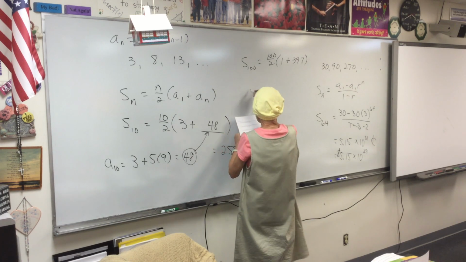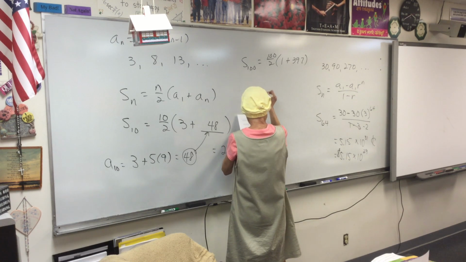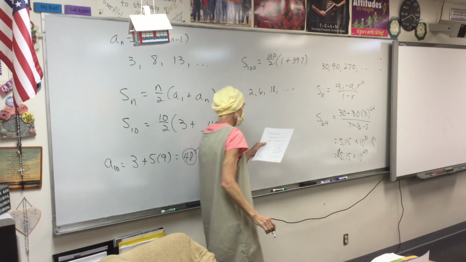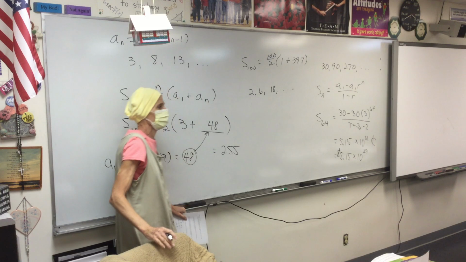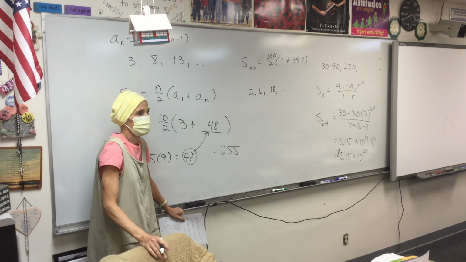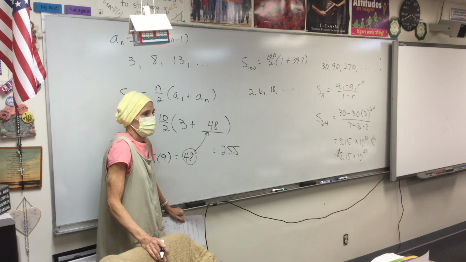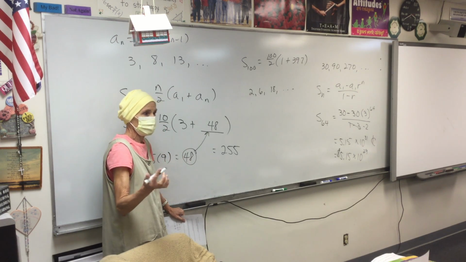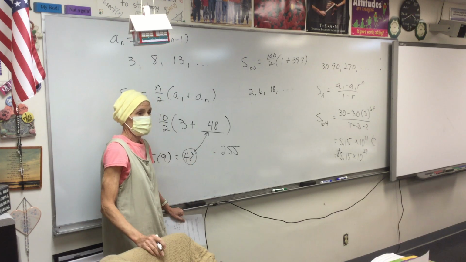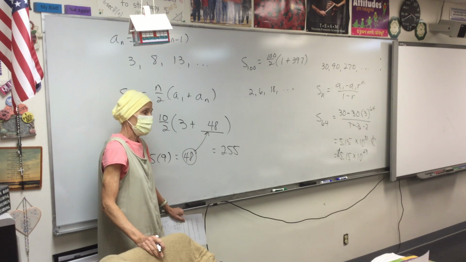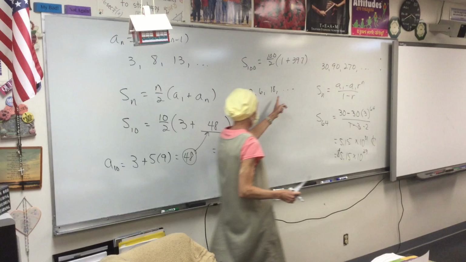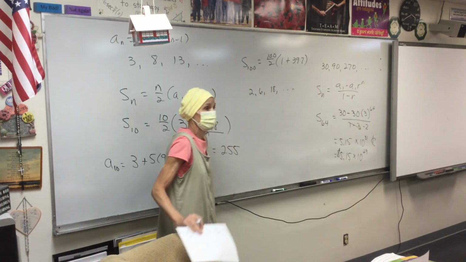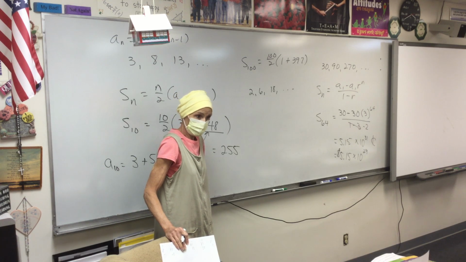All right, Alyssa smiled twice, 6 times, 18 times, and so on. How many times did she smile on the last day of May? All right, so what are the questions we go through? Arithmetic or geometric? What have we got? Geometric. Are we looking for a number in this list, or are we looking to add all those up? We want a number in the list.